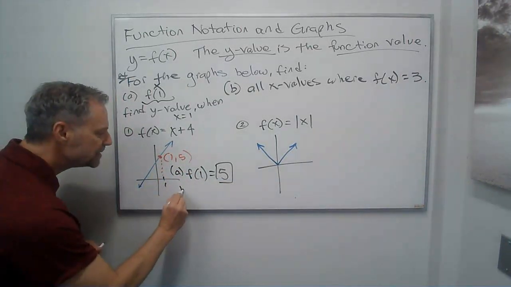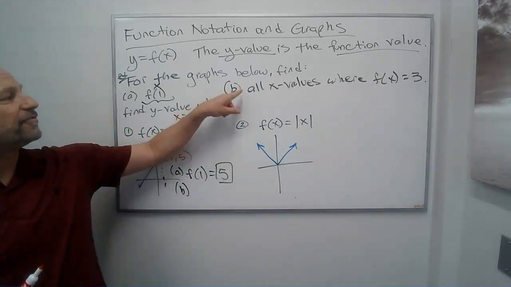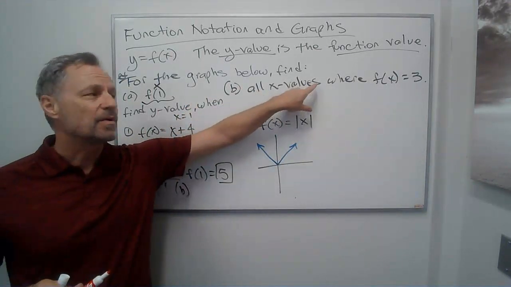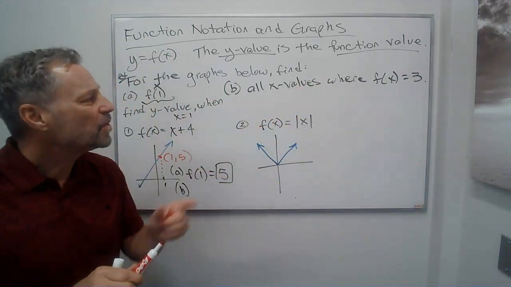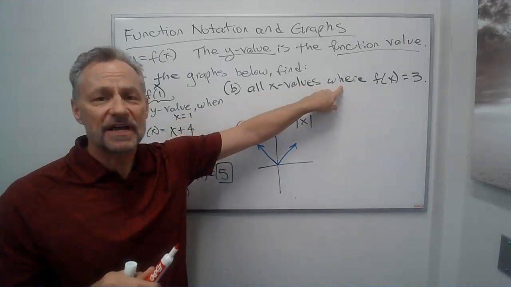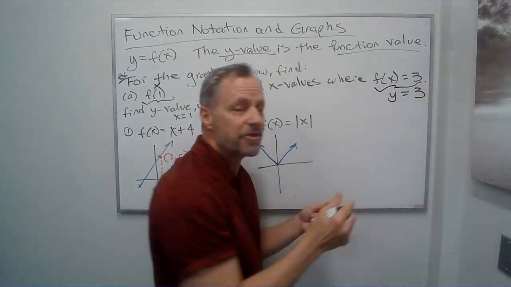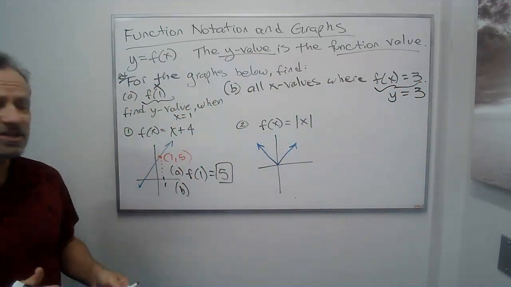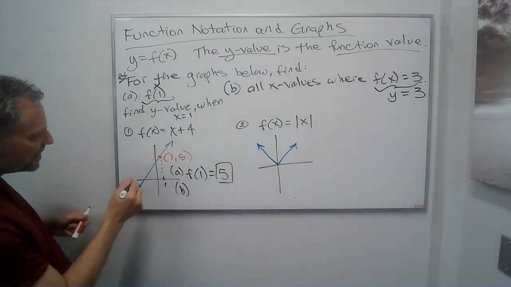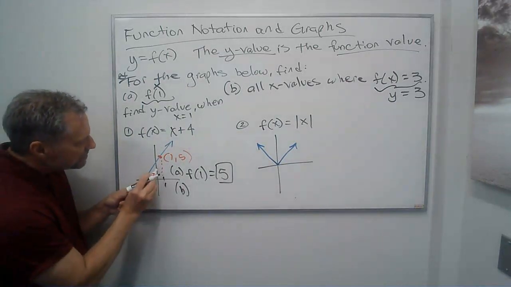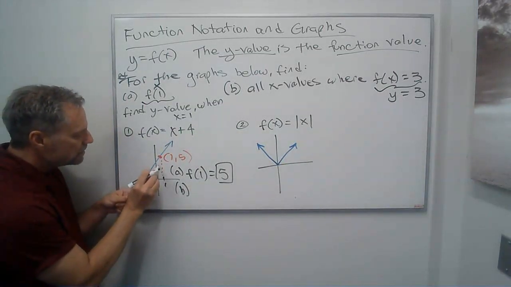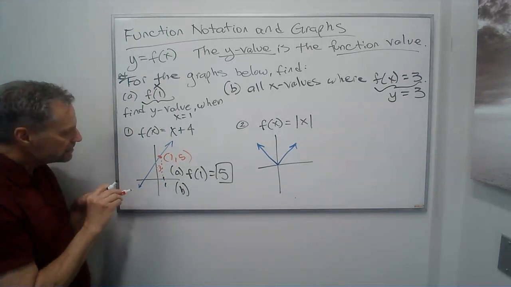For B, it says find all x values where f of x equals 3. Well, what does that mean? Find all x values where y is equal to 3, because, again, y is the function value. So if I go to y equals 3, that's going to be about here. We'll put the 3 right there.